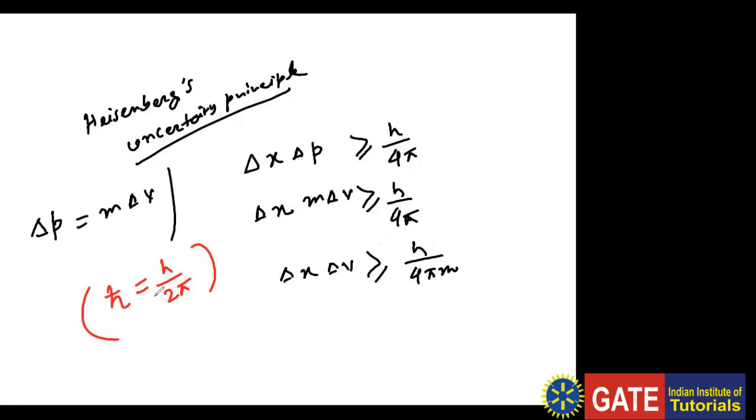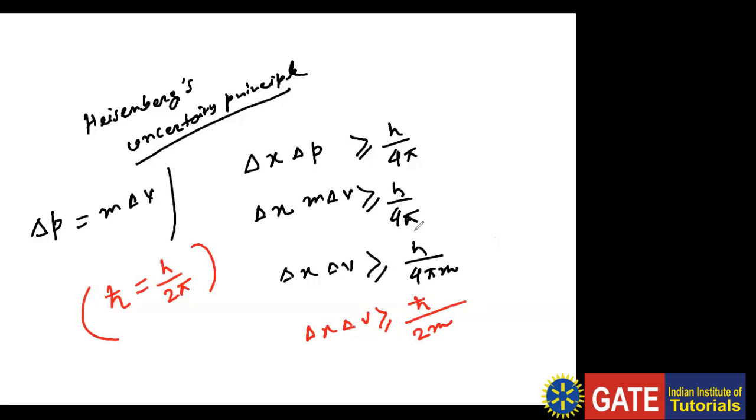Sometimes they give it with h cross. What is h cross? H cross is nothing but h by 2 pi. That means this formula can be written as... right or not? Yes, tell me, what does h cross represent?